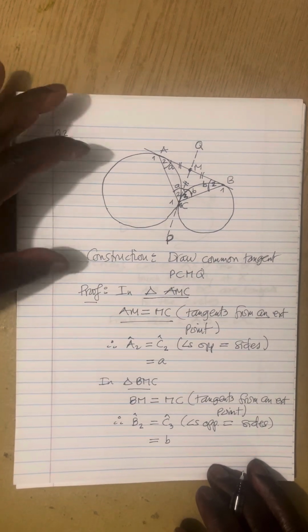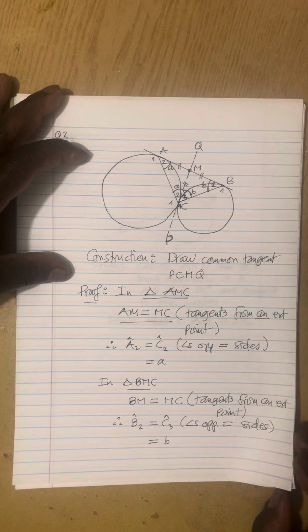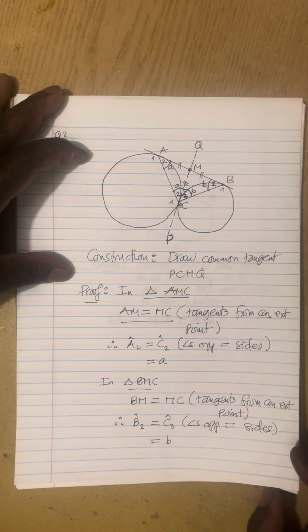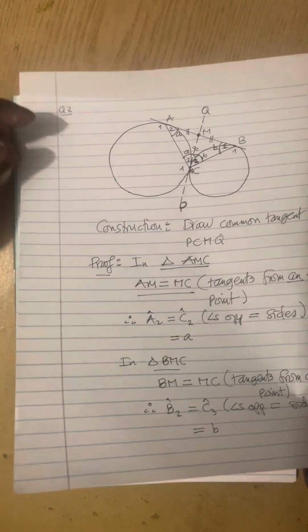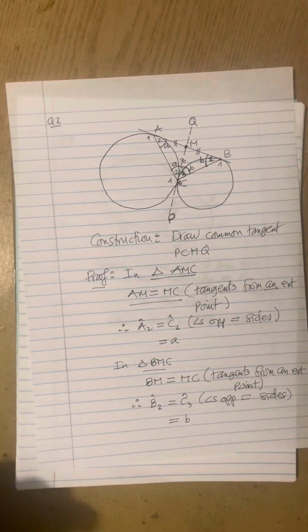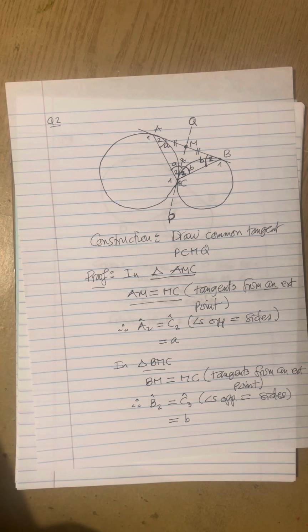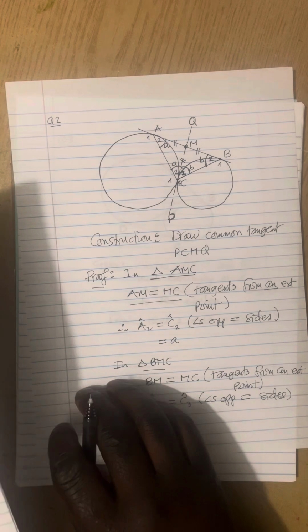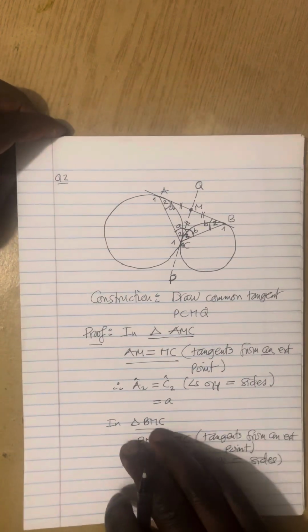Now, I want to talk about the entire triangle ACB and add up all the angles in there. Let's see what we get. If we add up all the angles, we're going to get something very nice.